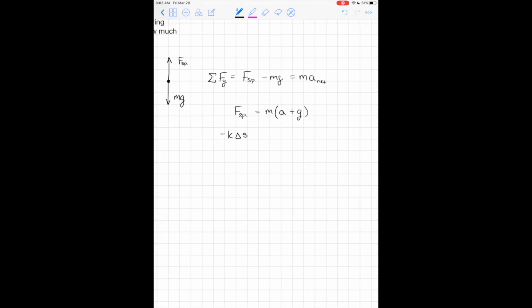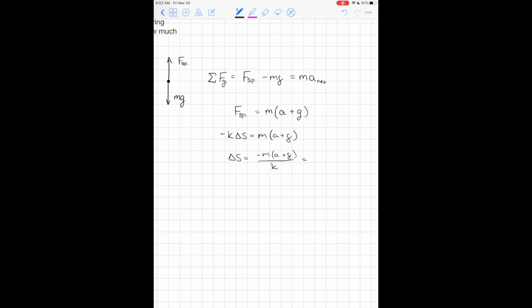I'm just going to write delta s is equal to now m times a plus g. Throwing k on the other side, delta s is equal to negative m times a plus g, all over k.